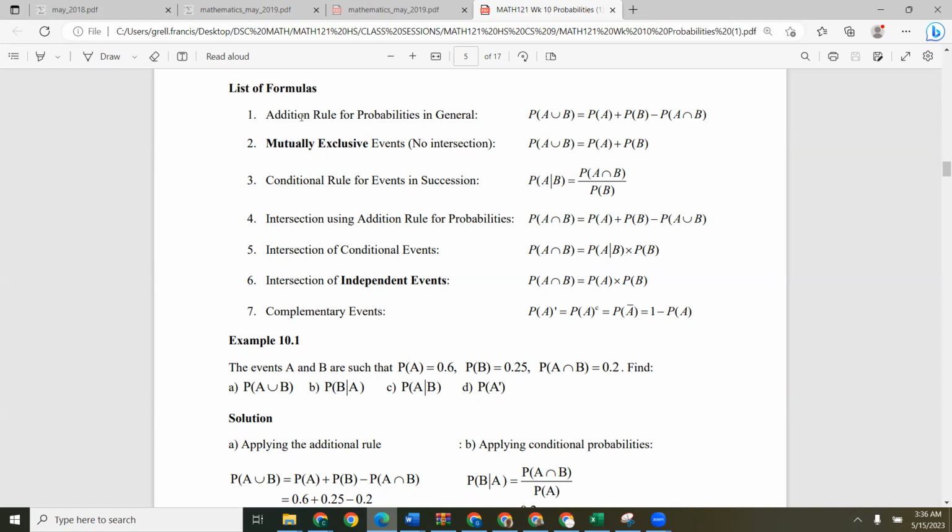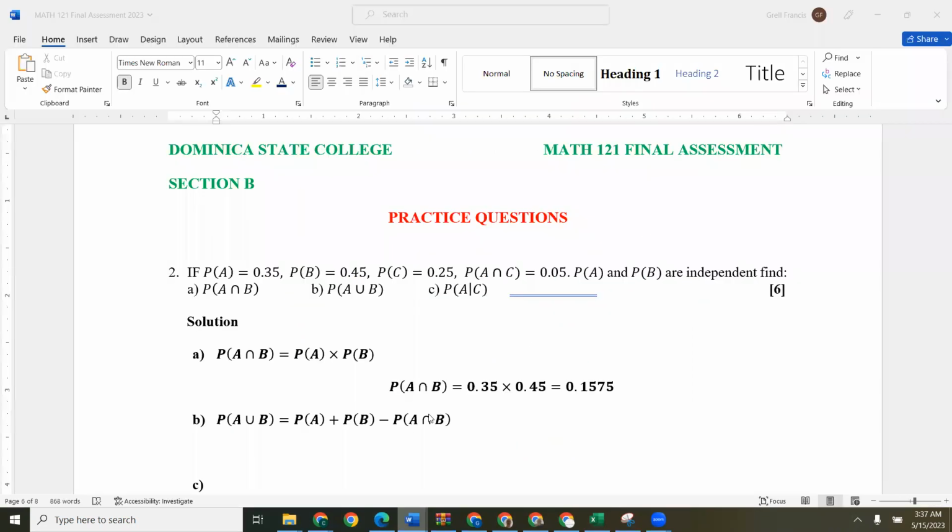So we're going to use formula number 1, the addition rule for probabilities in general, to find the union of A and B. P of A union B is P of A plus P of B minus P of A intersect B. It's just a matter of substituting into the formula. P of A we know is 0.35.